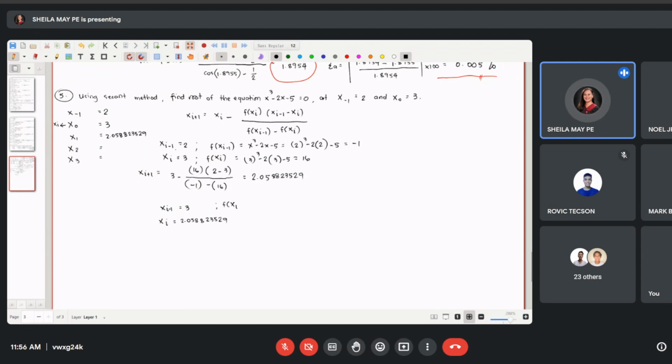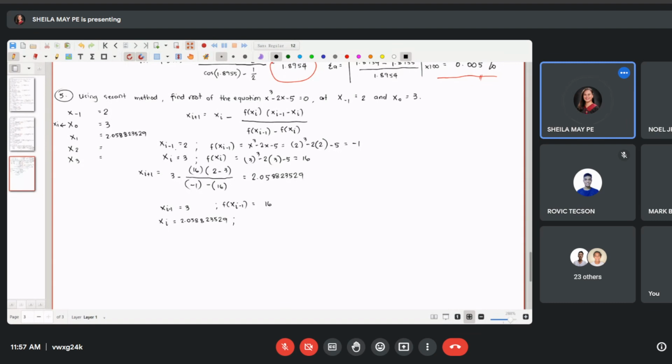So function of our x sub i minus 1 is x cubed minus 2x minus 5, so that's 16.